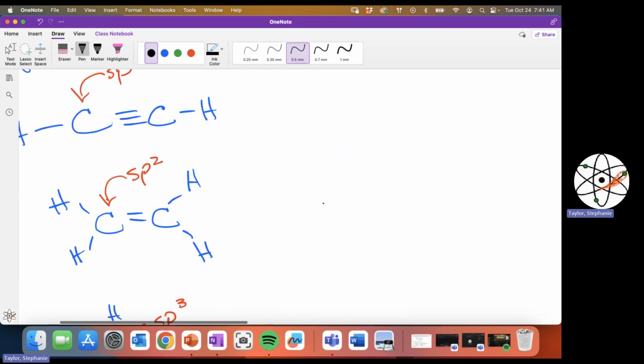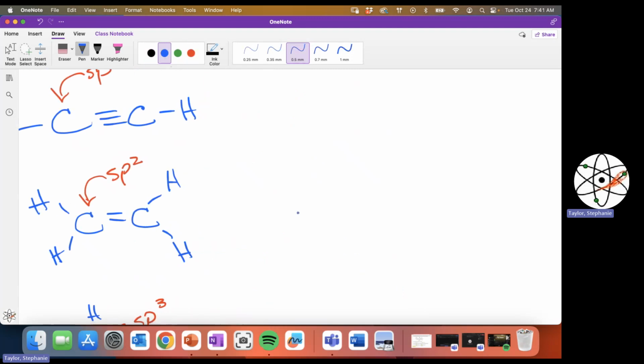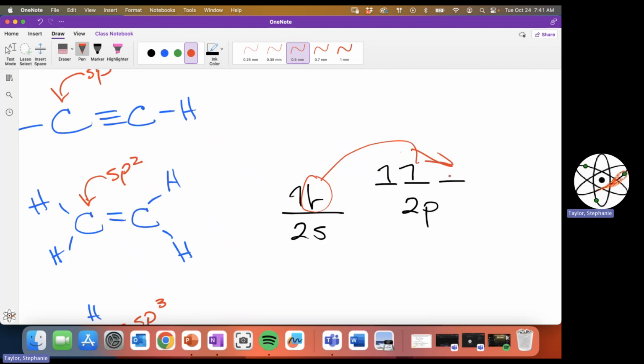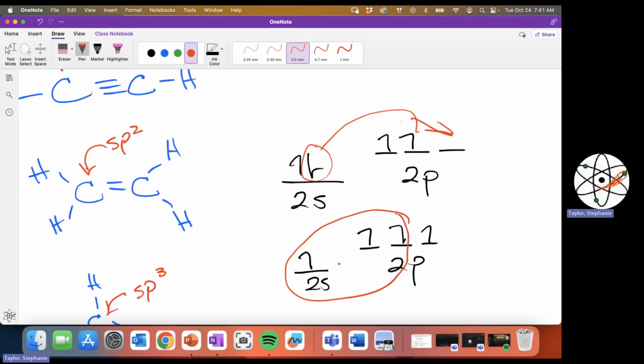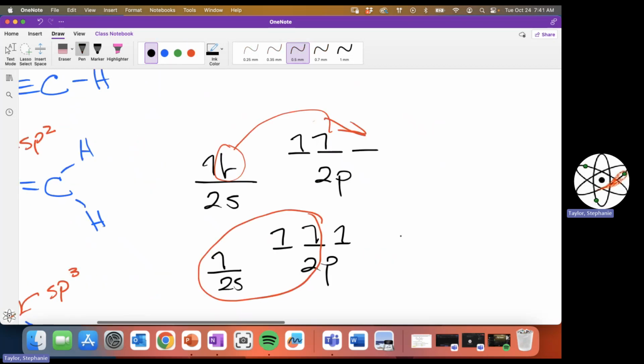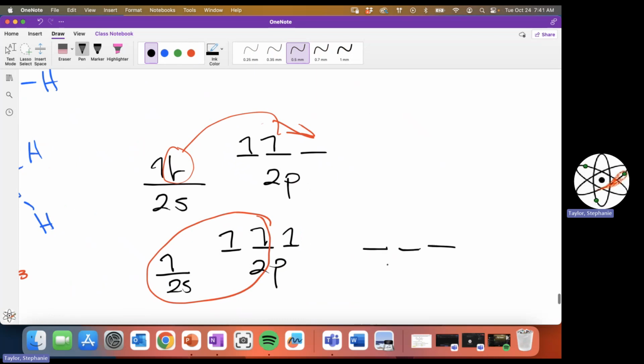Now, if we were trying to get any of the other shapes, if we were aiming for sp2, realize that we would still begin with the same 4 electrons, and we would still move one of them over there. So we would still wind up with the excitation of 1 of those electrons. But if we're only aiming for sp2, we're just going to take some of those electrons, not all of them, and only hybridize the orbitals that we need.